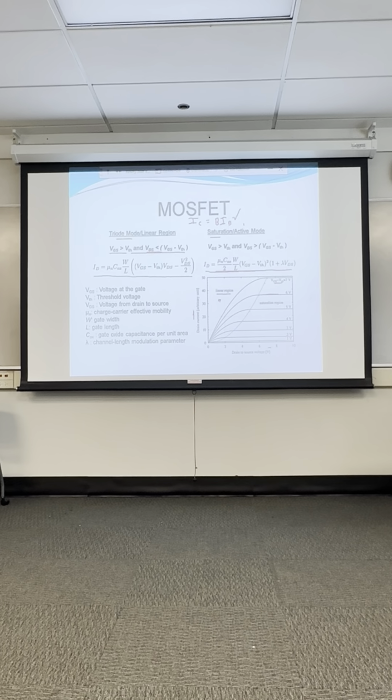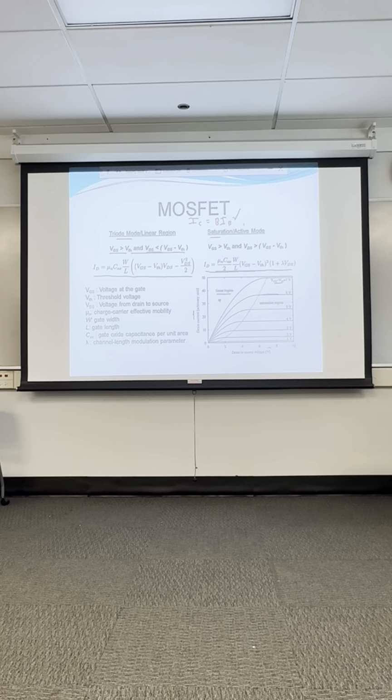Which means MOSFETs are definitely going to require some refresher of quadratic equations. So that's what these equations are predicting. You get more than one solution, and then you have to decide which is the correct solution for that device.